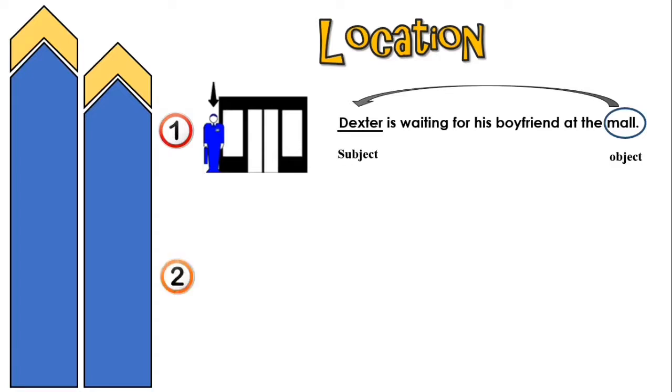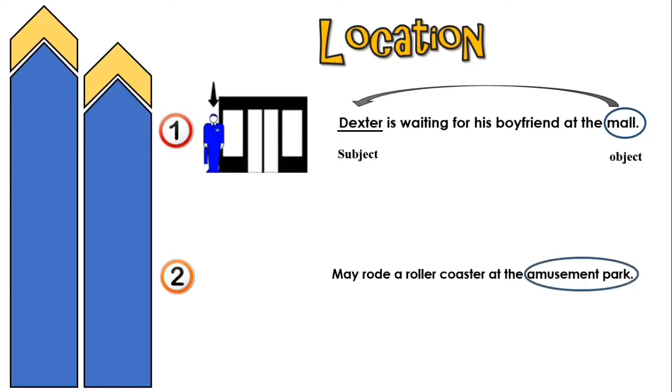Next example, May rode a roller coaster at the amusement park. In this sentence, amusement park is the object of the preposition that identifies or defines the exact location of May as the subject of the sentence. We will use the preposition at in this sentence if it refers to a certain place that conducts activities involving group of people.